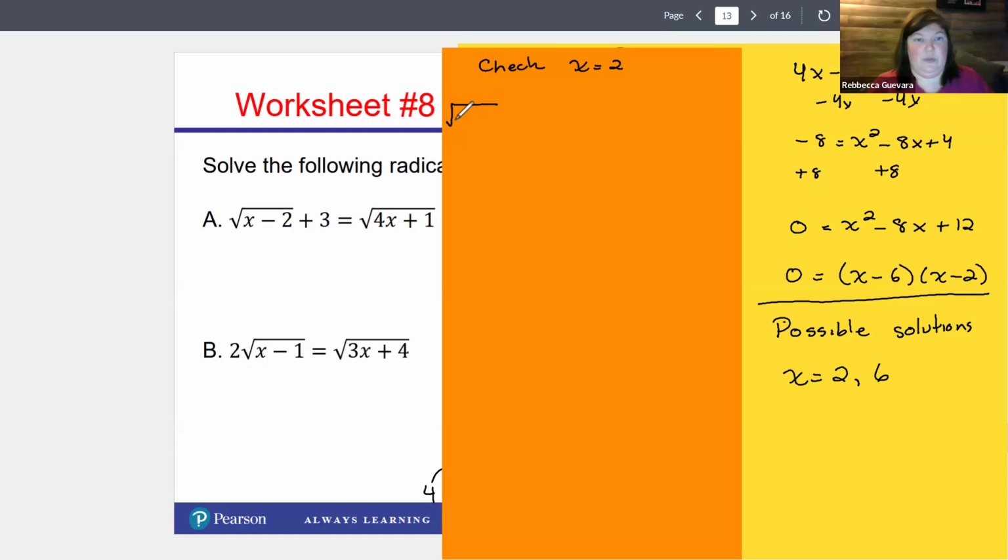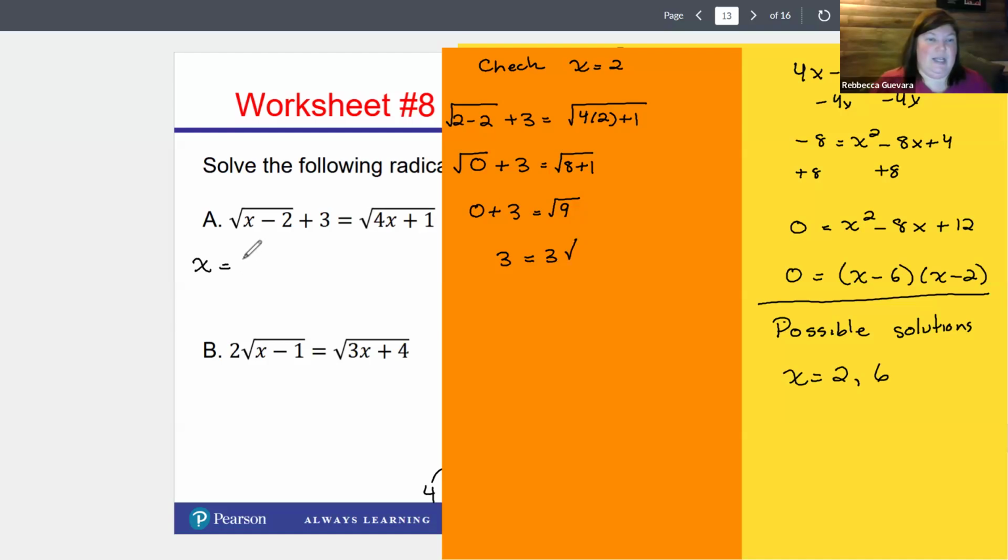So I have the square root of 2 minus 2 plus 3 equals the square root of 4 times 2 plus 1. So we are going to have the square root of 0 plus 3 is equal to the square root of 8 plus 1. So we're going to have 0 plus 3 is equal to the square root of 9. So we end up with 3 equals 3. That checks out. So x equals 2 is a solution.